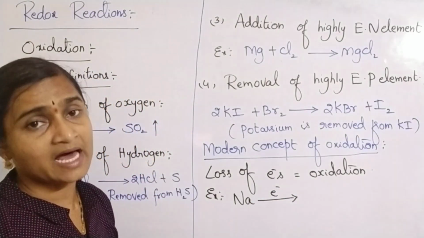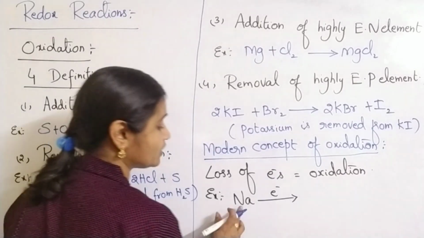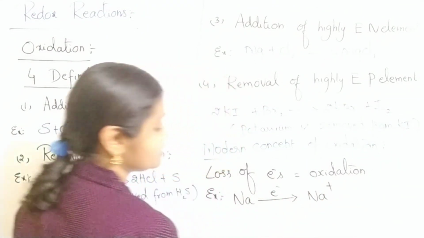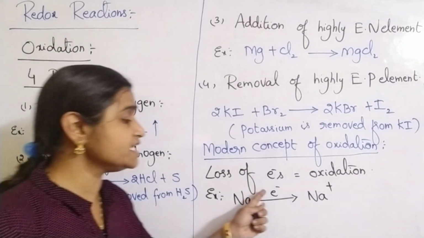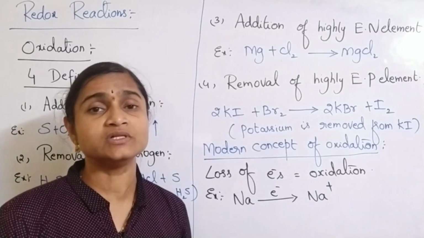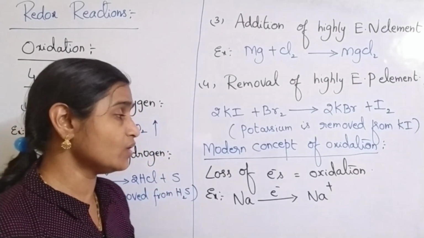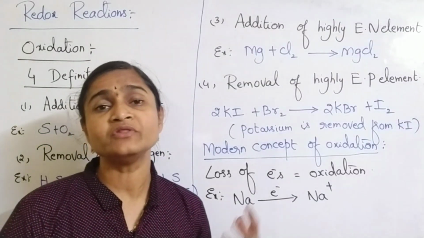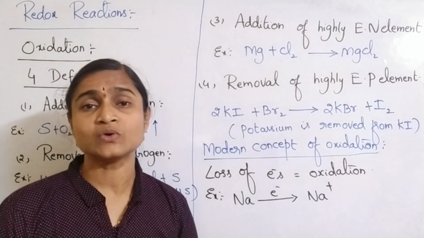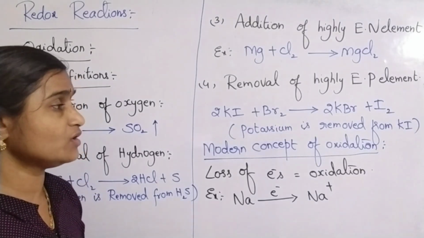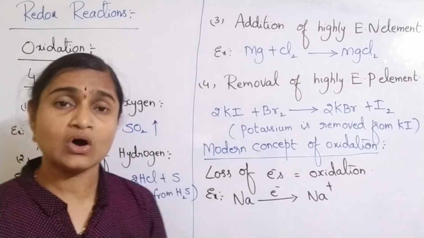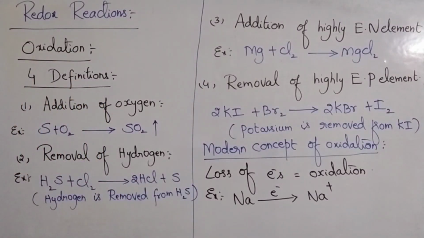The nearest inert gas is argon. To become stable like argon, sodium has to lose one electron and forms Na+ ion. This process where losing of an electron takes place can also be called oxidation. So according to the modern definition, if electrons are lost from any element, then that process is termed oxidation. Please note down all these examples.